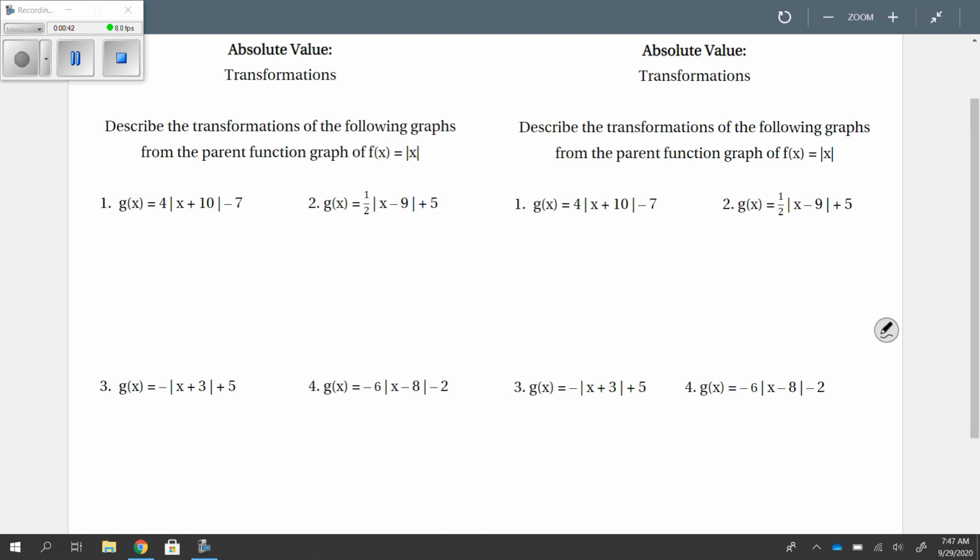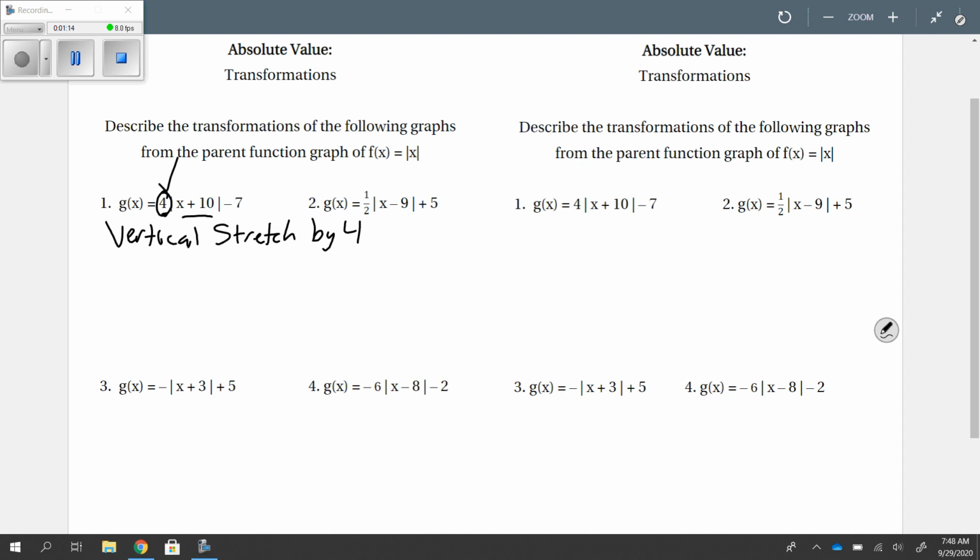So from here, first off, even I'm looking at my little cheat sheet, we know a number on the outside, times f of x, is going to be a vertical stretch or shrink. And since this is greater than 1, it is a vertical stretch by 4. All right. So this number is done.